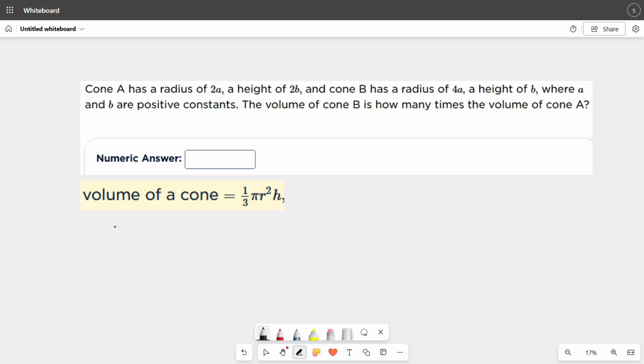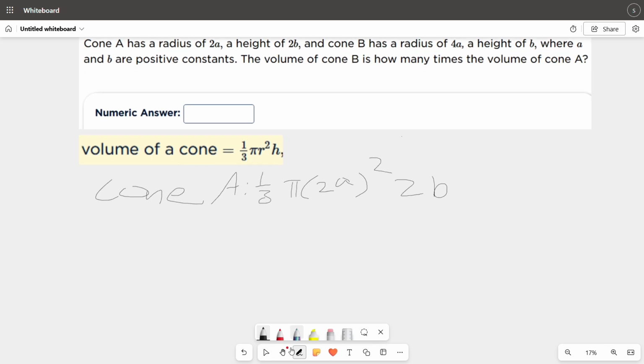So cone A would be 1/3 pi r, which is 2a, squared, and then h, which is 2b. So let's simplify that.